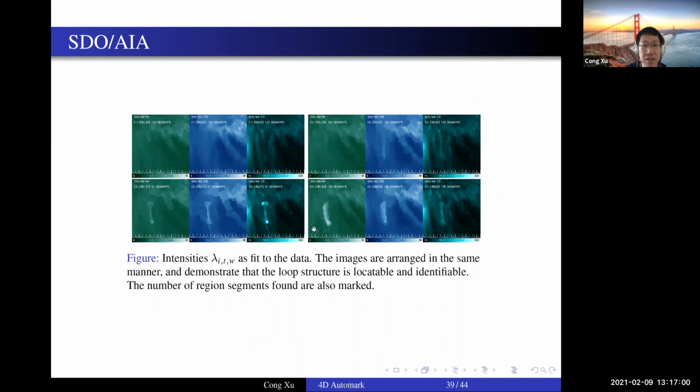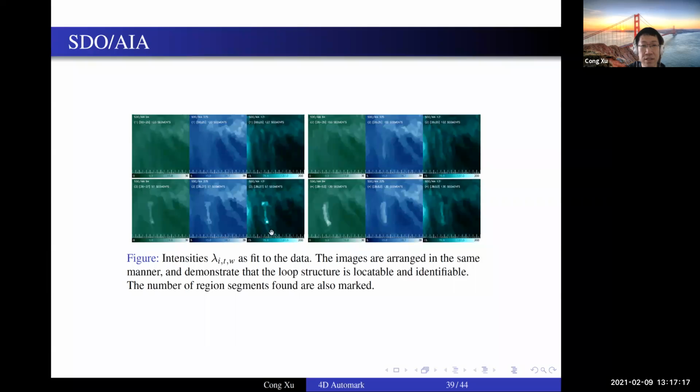And this one is the fitted Poisson parameters, lambdas. So we fit this real one with a piecewise constant function, and that's the fitted intensities.